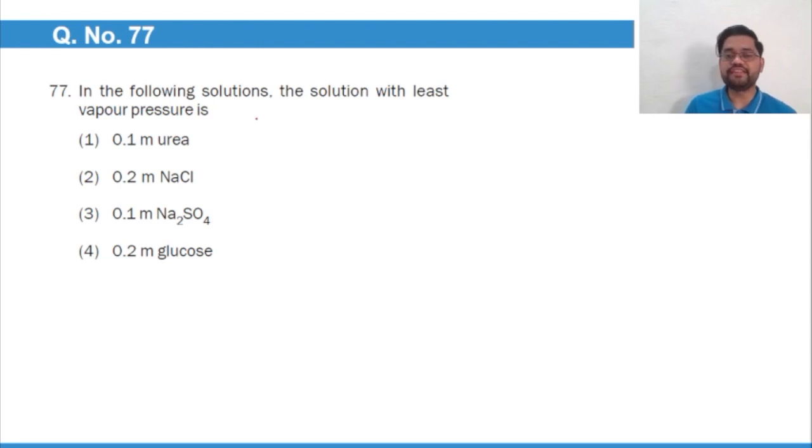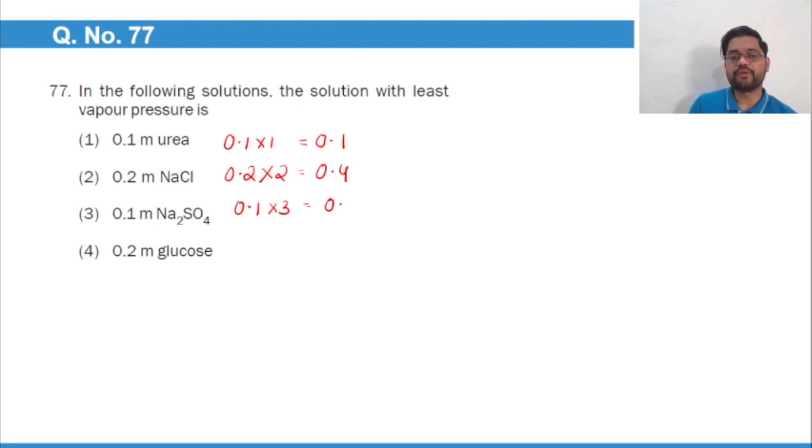Okay, solution with least vapor pressure. Least vapor pressure means highest concentration. If I talk about the concentration, it is 0.1 molar, so it is 0.1 into 1. That gives me 0.1. 0.2 molar NaCl, that means the actual concentration is 0.2 into Na+ and Cl- ion concentration, that is 2, that is equal to 0.4. 0.1 molar Na2SO4, that is 3, that is 0.3 actual concentration. 0.2 into 1, because glucose does not dissociate, so it is 0.2.